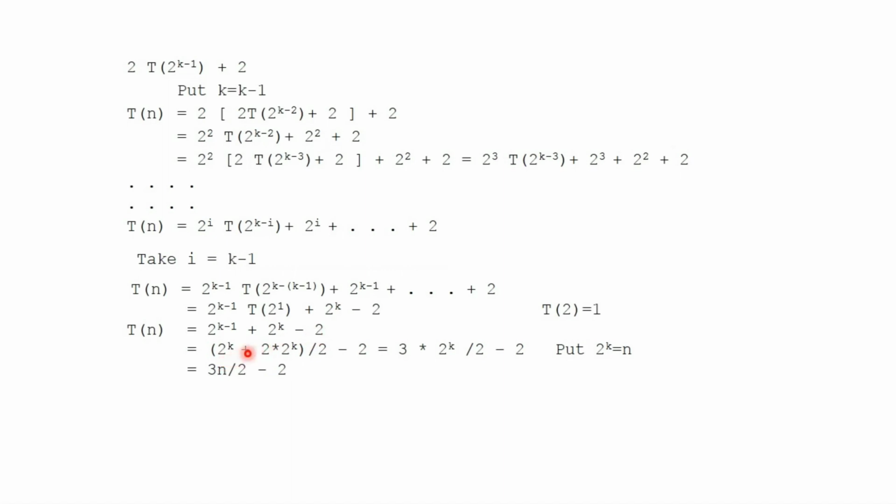So 2 to the power of k by 2 plus 2 to the power of k minus 2. Take the common denominator and check. We get 3 times 2 to the power of k by 2 minus 2. Put back 2 to the power of k as n. So we get 3 times n by 2 minus 2. You should know how to solve this.